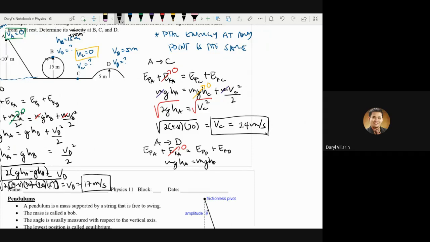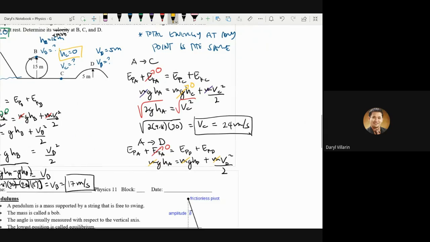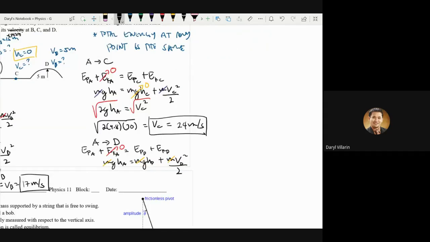HD has a particular height, so that should not be equal to 0. Mass is present in every one of the terms, so I can cancel out m. And this is just gha minus ghd is equal to vd squared over 2.